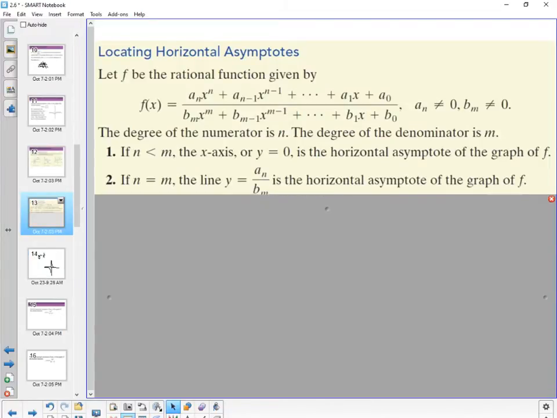Next rule. If they are the same degree, then you're going to take a ratio of the leading coefficients. And that will be your horizontal asymptote.